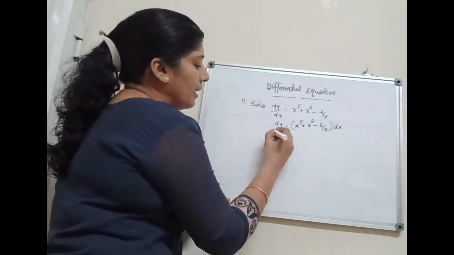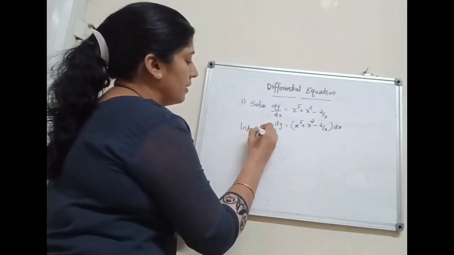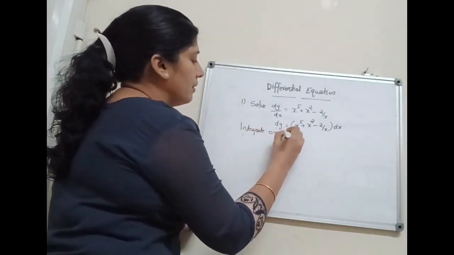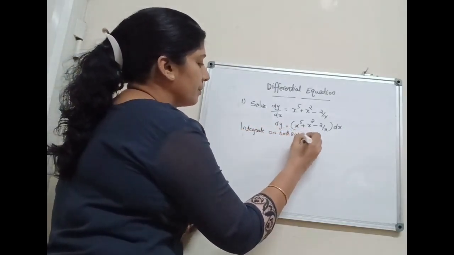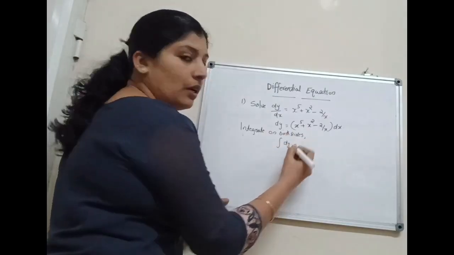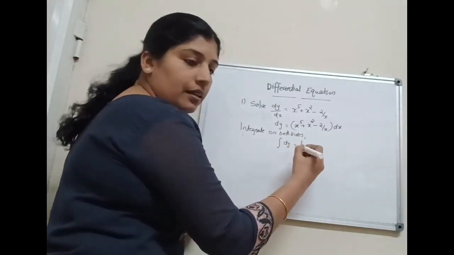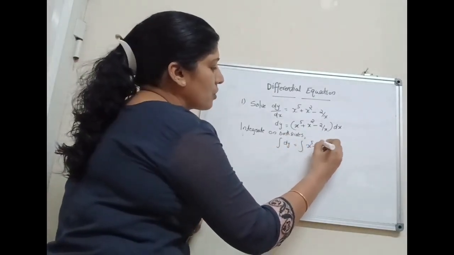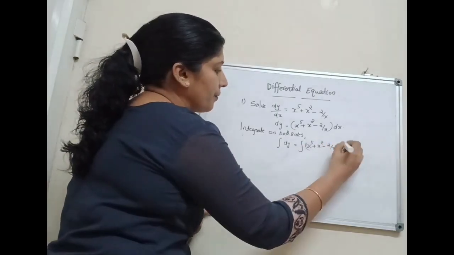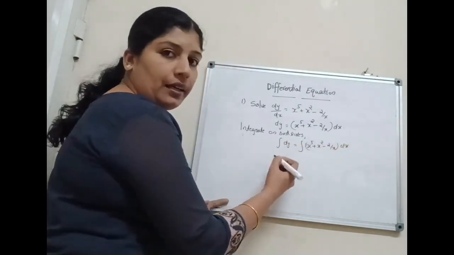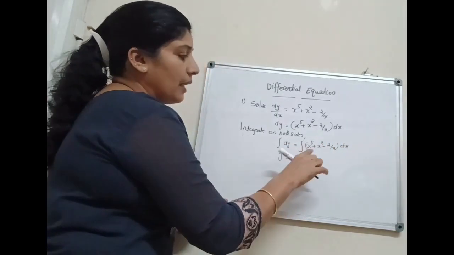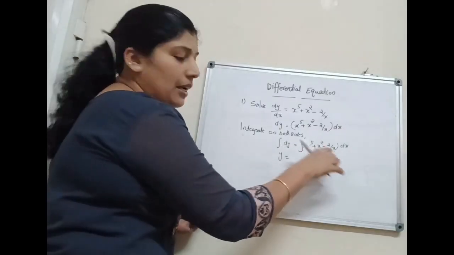Next, we integrate on both sides. Integral dy equal to integral of x raised to 5 plus x square minus 2 by x dx. Integral dy is equal to y. So y equal to integral of x raised to 5 plus x square minus 2 by x dx.